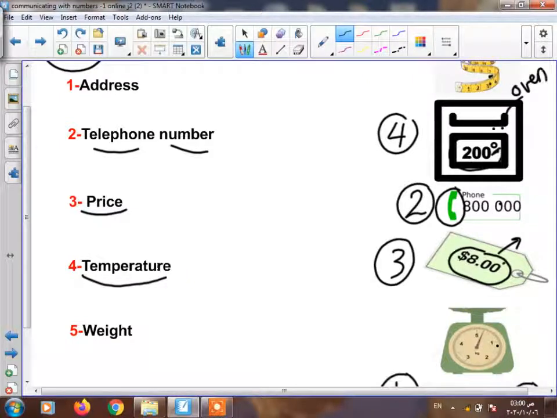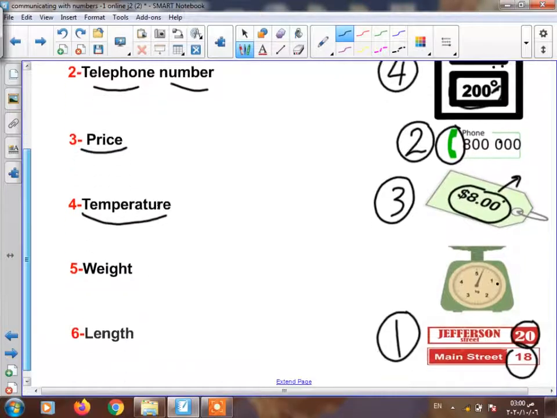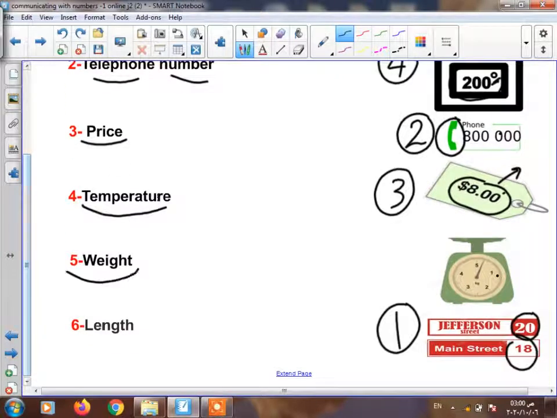Excellent. Here is weight. Okay, number five. I will write it beside which image? Yes, good job. Number five goes next to this green scale because all these numbers give me information about weight.